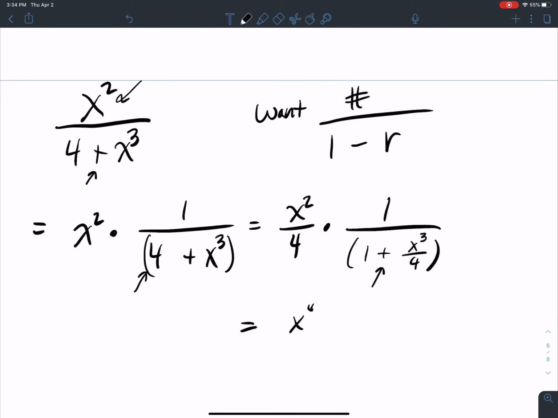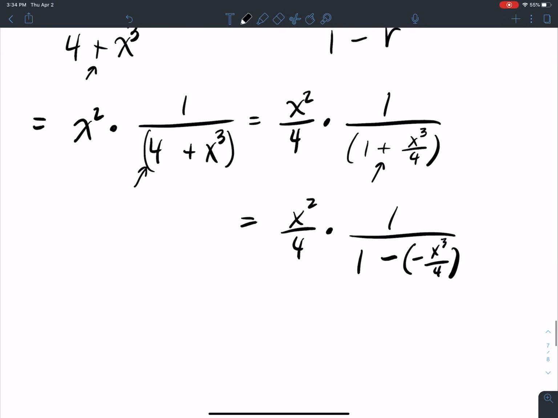I've got my x squared over 4 times 1 over 1 minus negative x cubed over 4. Okay, so that's what's going on there. All right, now let's see if we can figure out how to do this. So what do I have here?